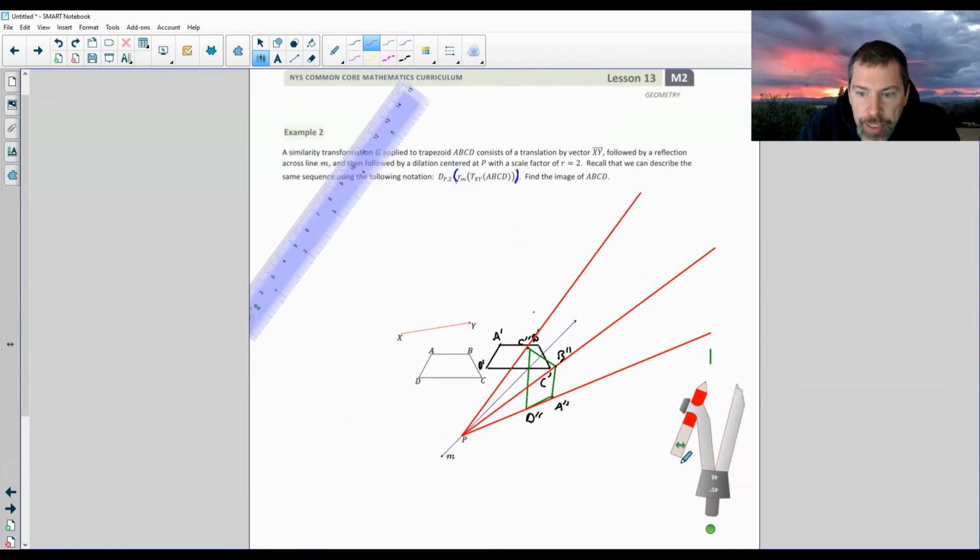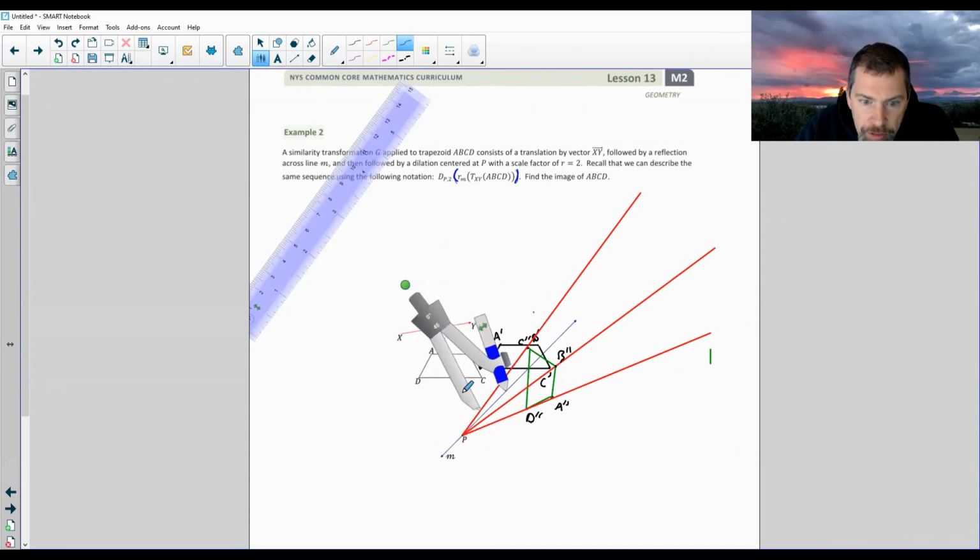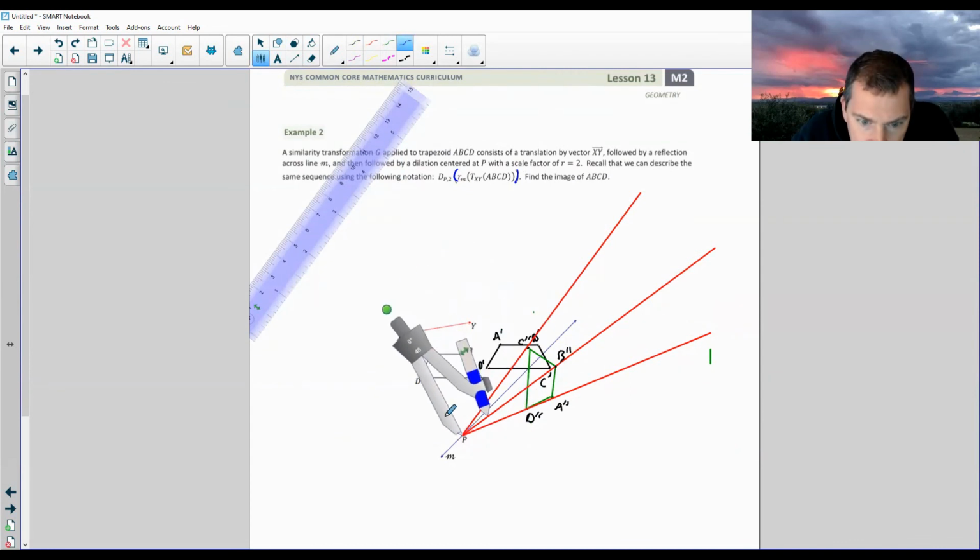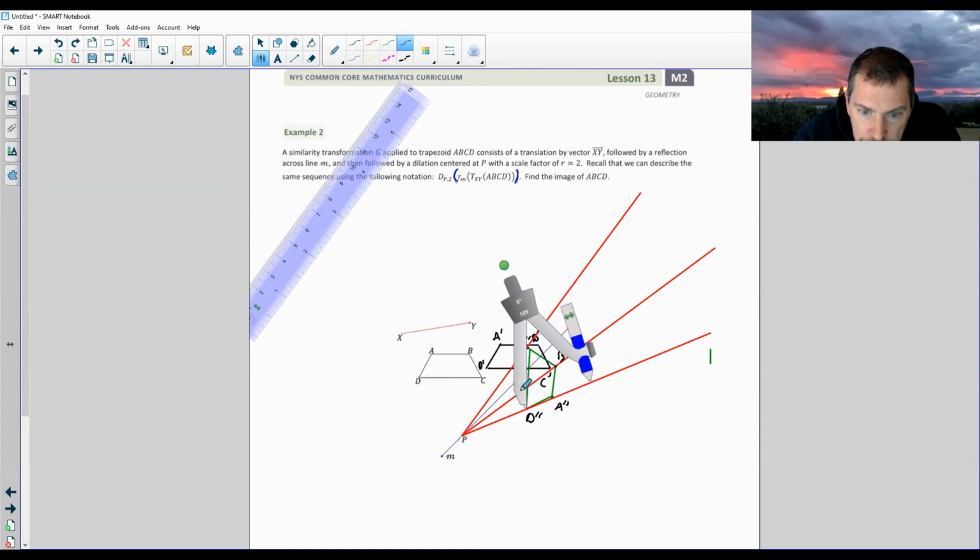So when we do a scale factor of 2, I prefer using the compass over anything because you're just doubling the radius. So if I open my compass up, I'm going to put it on this ray here, open it up to D prime, then I just have to move it over to here and duplicate that radius because that'd be the second radius.